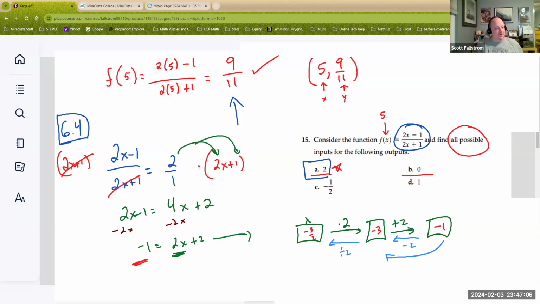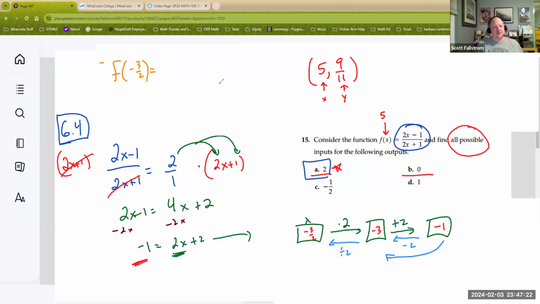Now, as with everything, you can go back and check it. So let's go back up here and let's check it. Okay, so this says f of -3 halves. It's going to be 2 times -3 halves minus 1 over 2 times -3 halves plus 1. Okay, and let me get just a little bit more white space.